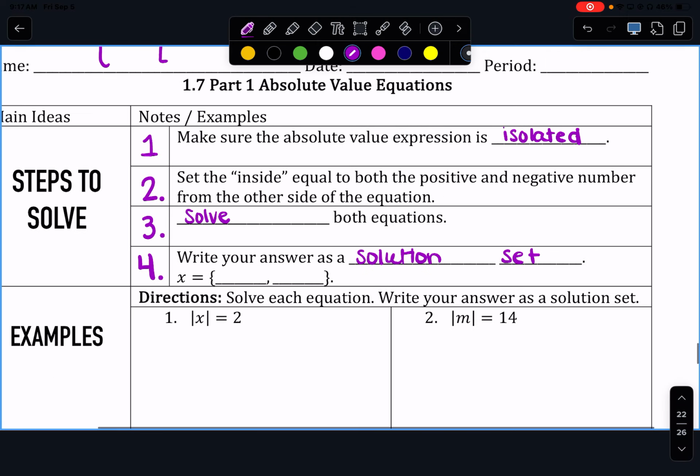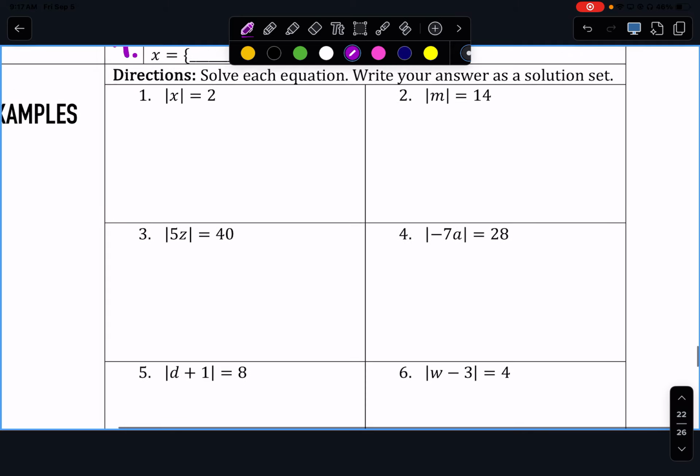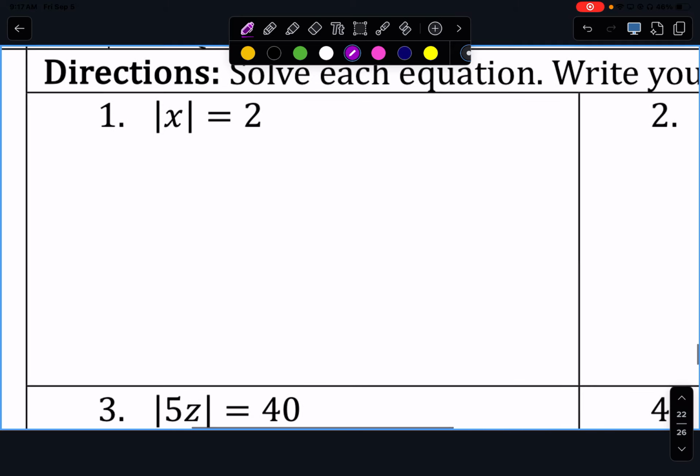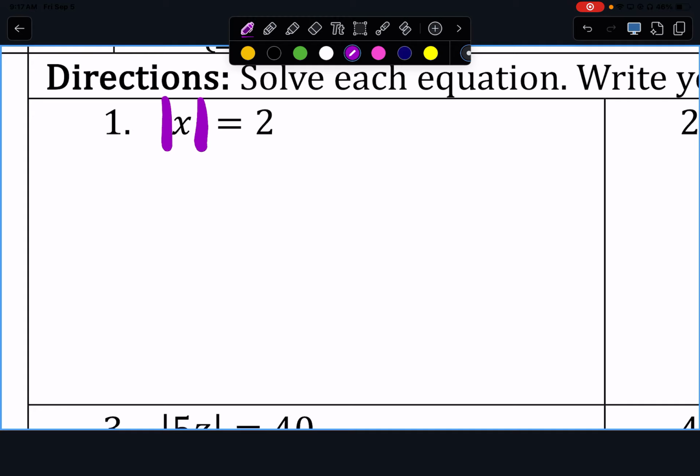But when we write our answer as a solution set, we're going to do smallest number, biggest number. So we're going to go in numerical order, smallest to biggest. Now, let's go ahead and look at some of these. So number 1, we have the absolute value of x equals 2. That's already isolated.